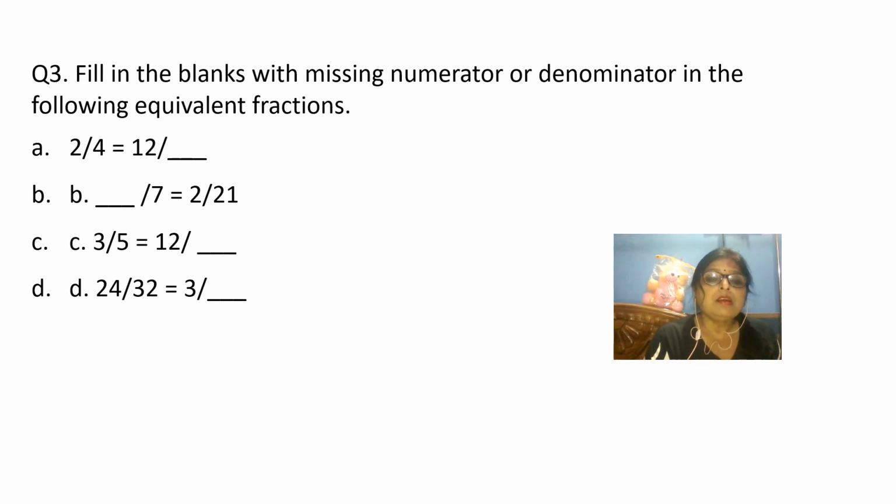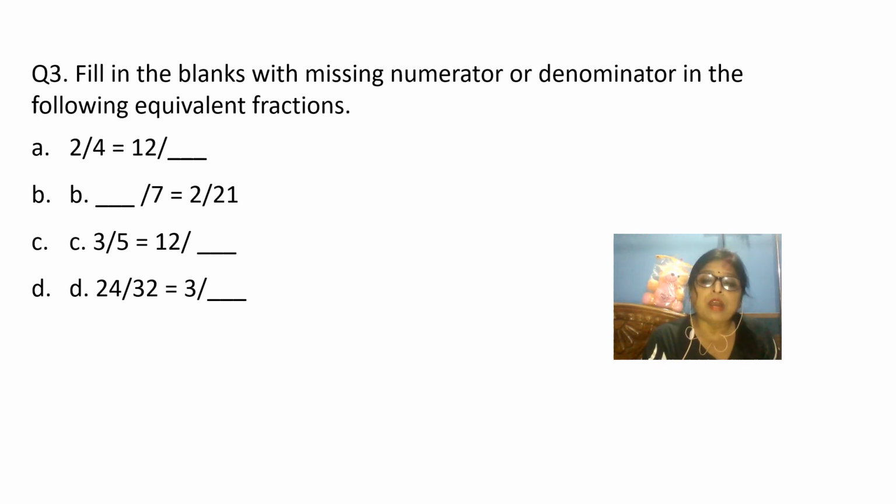Question number 3. My dear students, you have to fill in the blank. Here the numerator or denominator is missing in the given fraction. And which one is missing? You have to find out the correct answer. 2 by 4 is equal to 12 by dash.